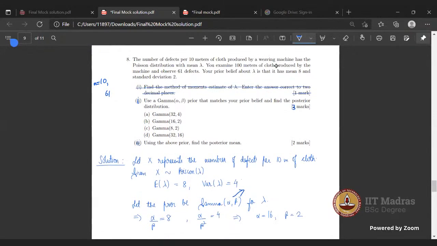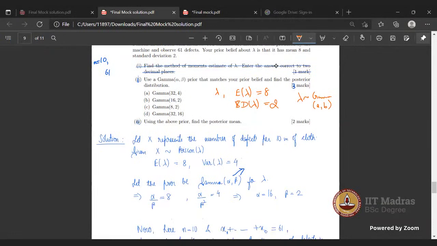also it is given that the prior belief about lambda is that it has mean 8 and standard deviation 2. So you have the parameter lambda, the expected value of lambda is given to be 8 and the standard deviation of lambda is given to be 2. And lambda follows the gamma distribution with the parameter a comma b.